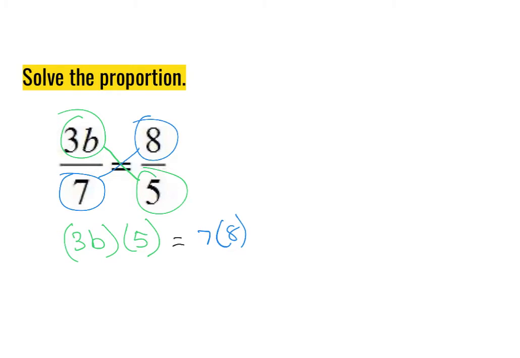So now I'm going to just follow my rules of algebra. 3 times 5 is 15. Bring the b along for the ride. 7 times 8 is 56. And now solve for b.